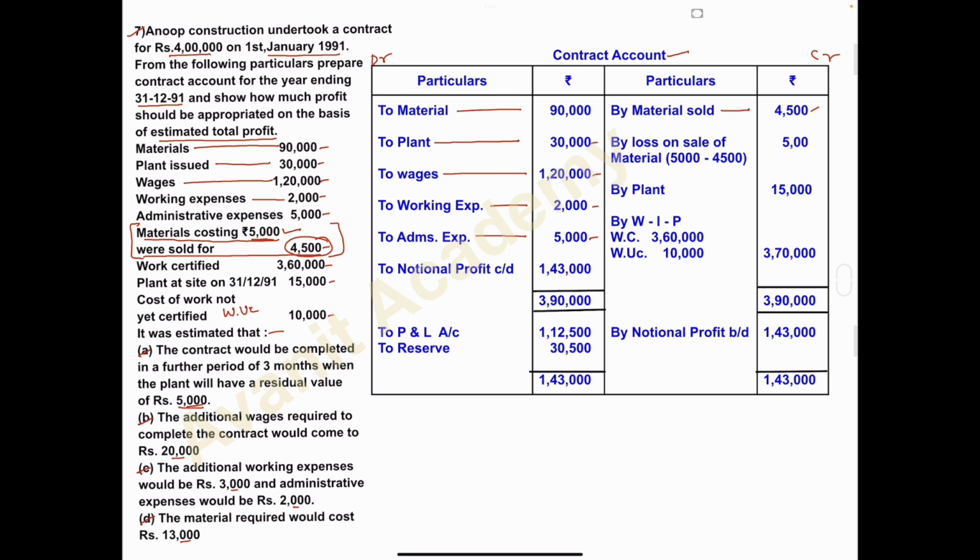So write on the credit side, by loss on sale of material. Profit you have to record on the debit side and loss on the credit side. By loss on sale of material, in bracket I have written 5,000 minus 4,500, and the difference amount is 500. Clear this one?